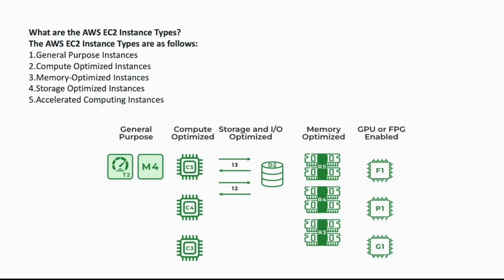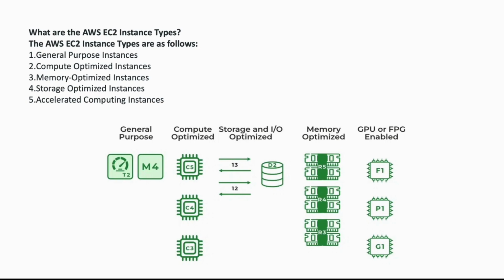Now what is compute optimized? Like you can see, these are the names. General purpose generally start with these, like T2, M4, and for compute optimized you can see C5, C4, C3. So these are the compute optimized. So what exactly is compute optimized? It is an instance used to run big data applications that require a large amount of processing power and memory on the AWS cloud.